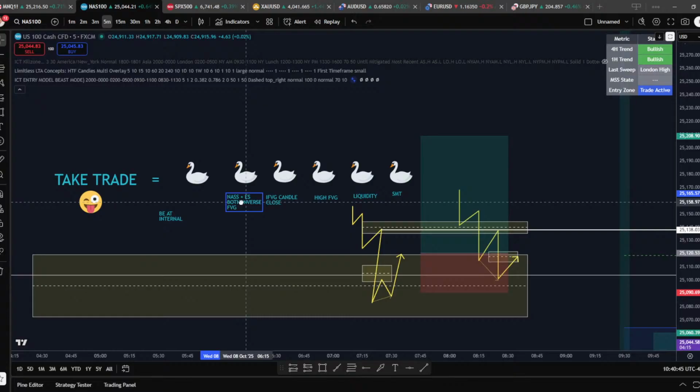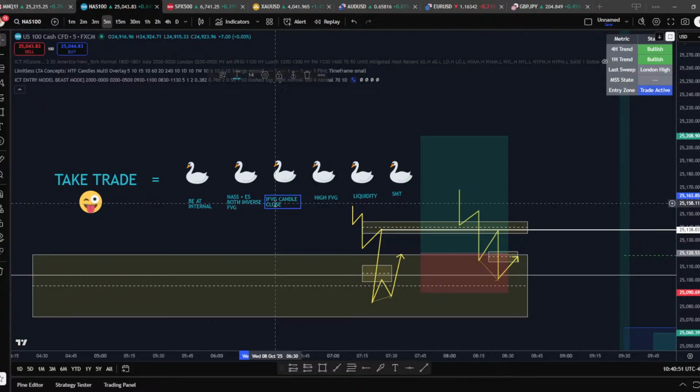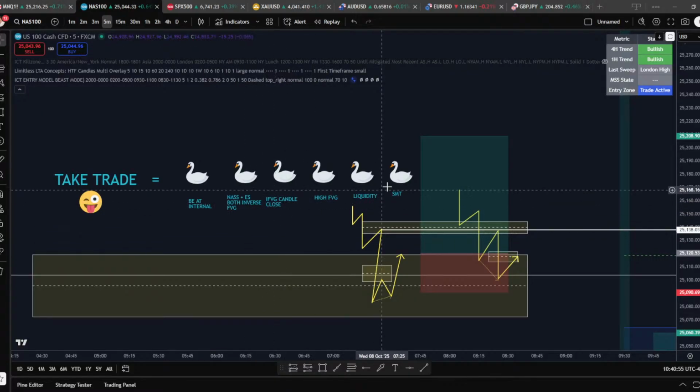This actually needs to be the other way around. Okay, so all your ducks are in a row. Equal take trade, right?